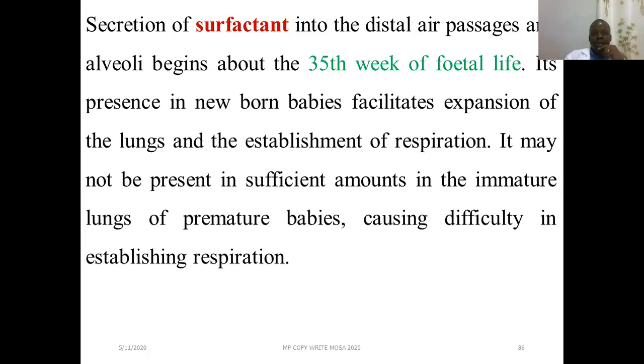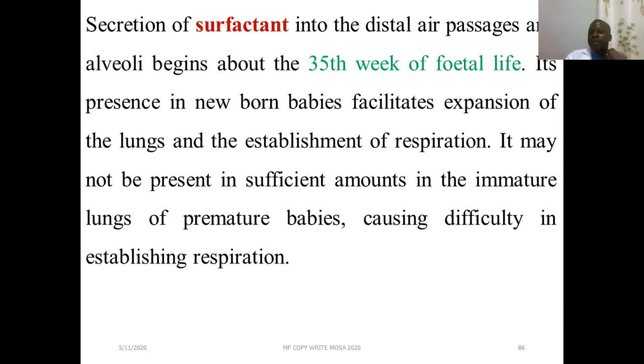Secretion of surfactant into the distal air passages and alveoli begins about the 35th week of fetal life. Its presence in newborn babies facilitates the expansion of the lungs and establishment of respiration.